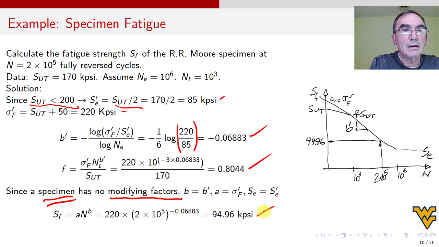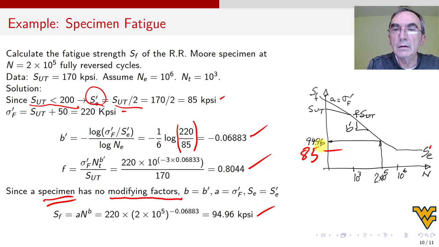Let's see, is this reasonable? SE prime, which is here, is 85. And the SF that I can use in the design, I draw the arrow like that because I'm going to use this number out. It's 94, so it's not a lot more than 85. Why so little?